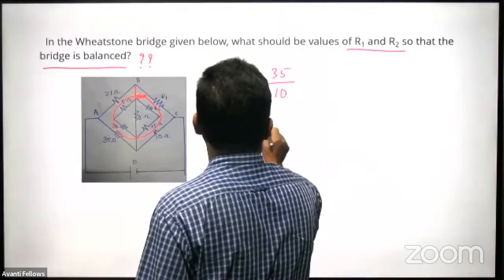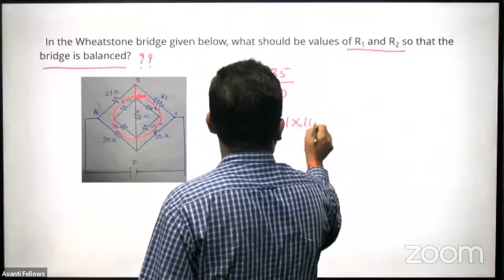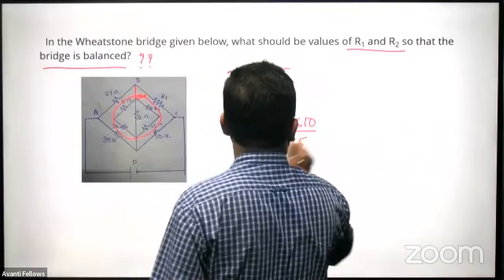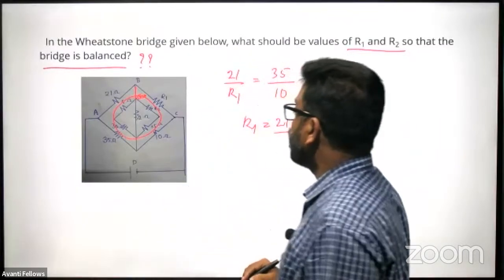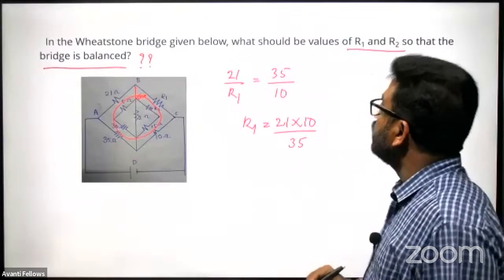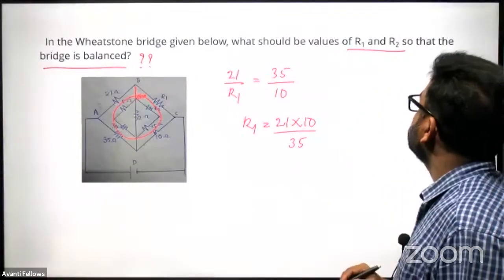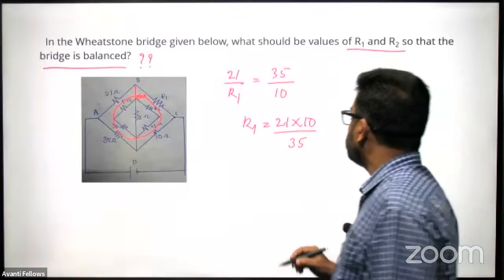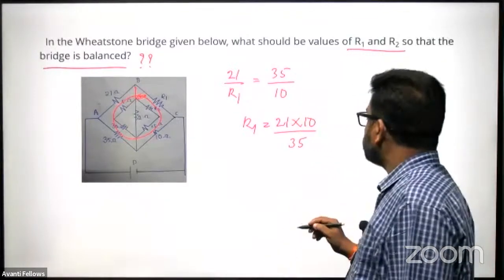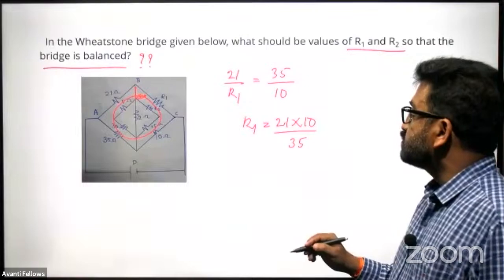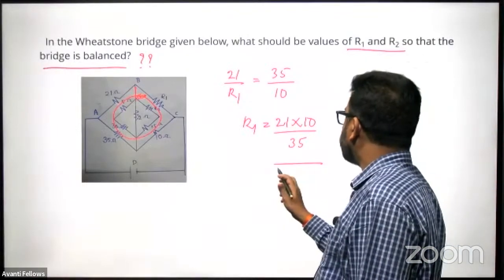So R1 equals 21 into 10 divided by 35. Okay, so you can solve it and you will get the answer.